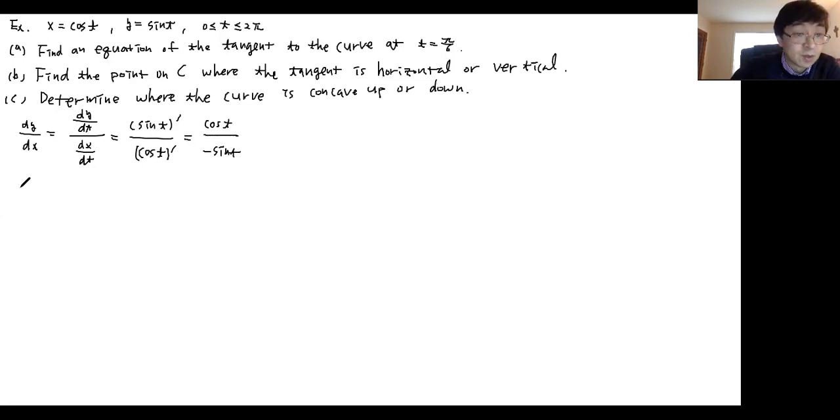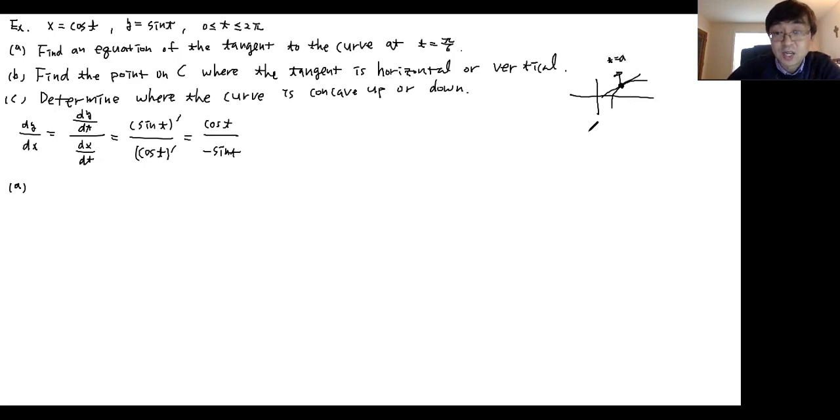So next, you can solve problem A. How can you solve it? You can use this one. Do you remember? I can remind you again. We have a curve like this, and here you can draw a tangent line at the point t equals a.